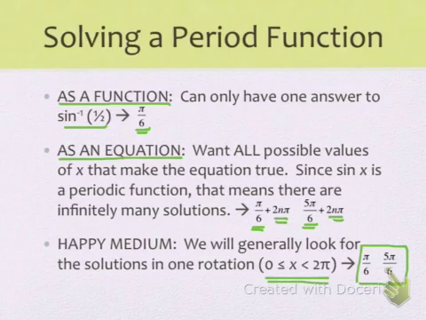So try to keep that in mind, let that sink in a little bit, so that when we go through examples together in class, you'll understand why it's not just one answer, because we're not just dealing with a function, but we're not going to go totally crazy and try to get everything. We're just going to be looking for the values of x from 0 to 2 pi that would make my equation true.